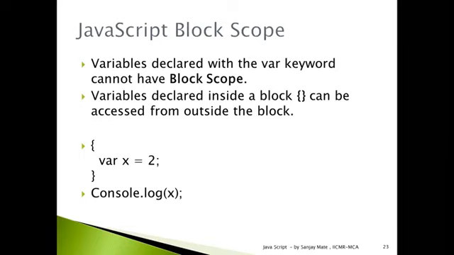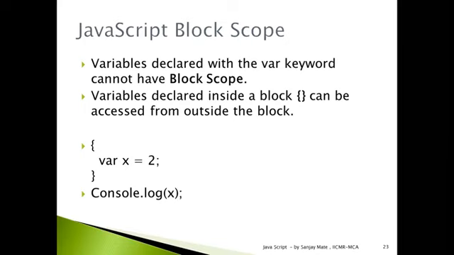Now var and let are related to scope. What is scope? Scope is nothing but the life or access of a variable, where you can access it and what the life of that variable is. The scope is defined within curly braces or within functions. Here I have an opening curly brace, var x is equal to 2, then a closing curly brace, and I'm printing with console.log.